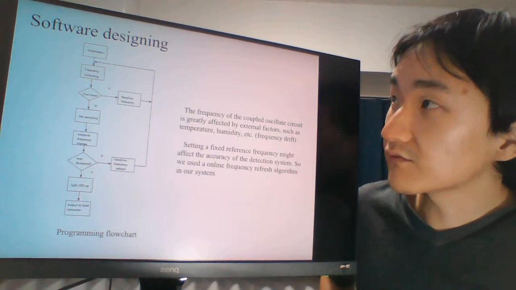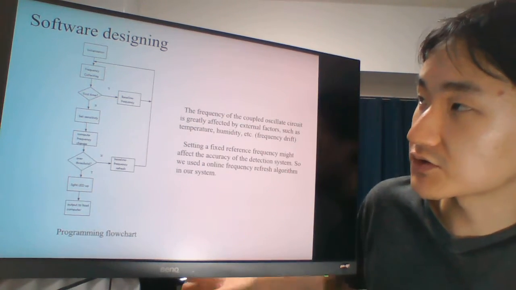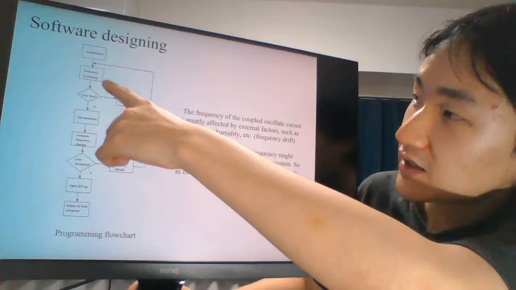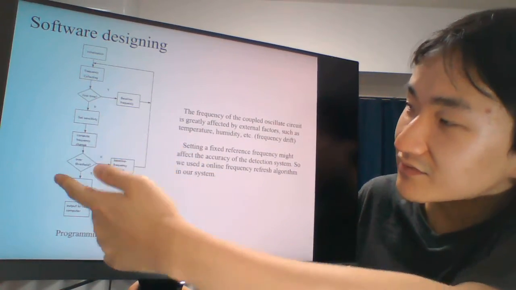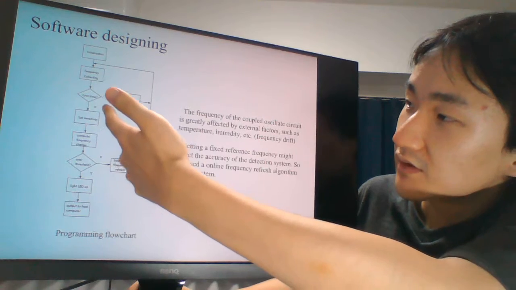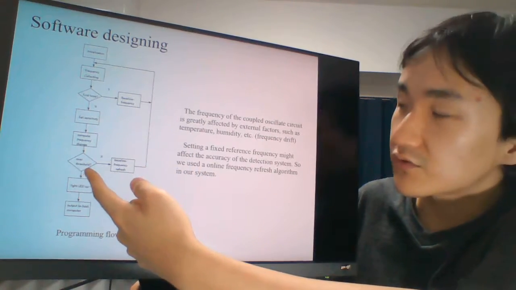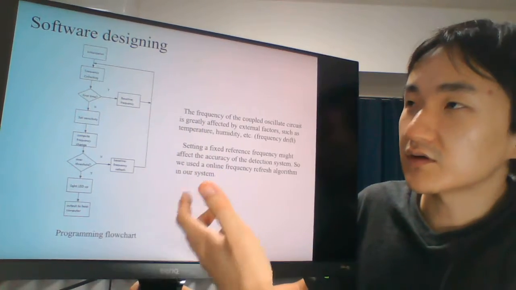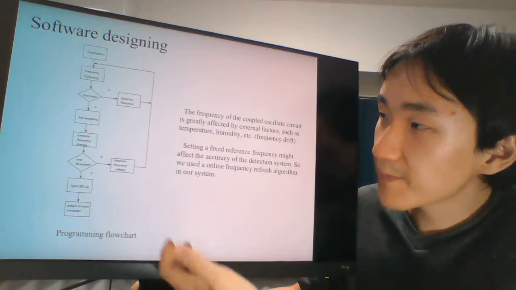Here's the software design, this programming flowchart. We initialize, then collect the frequency, and if it's the first time we collect the frequency, then the frequency is set to be our baseline frequency.